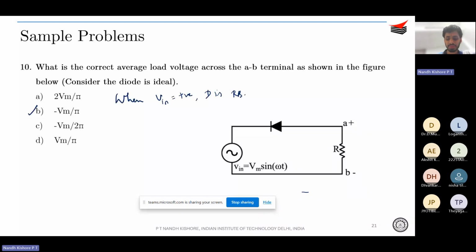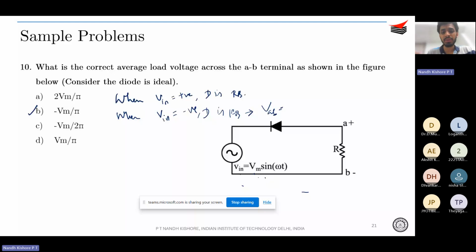And when Vin is negative, the diode is forward biased. So what will be VAB during that time? VAB during that time will be equal to just directly Vin, right?